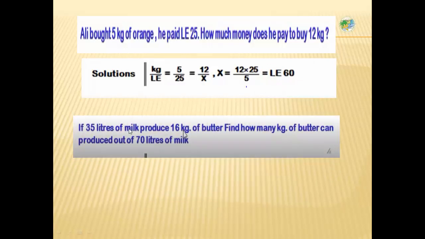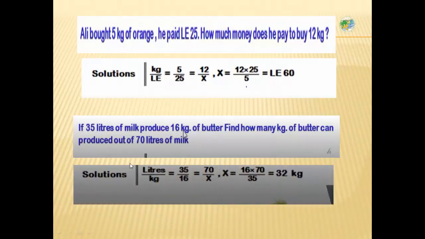35 liters of milk produce 16 kilograms of butter. Find how many kilograms of butter can be produced out of 70 liters of milk. Liter by kilogram, we have two different units.